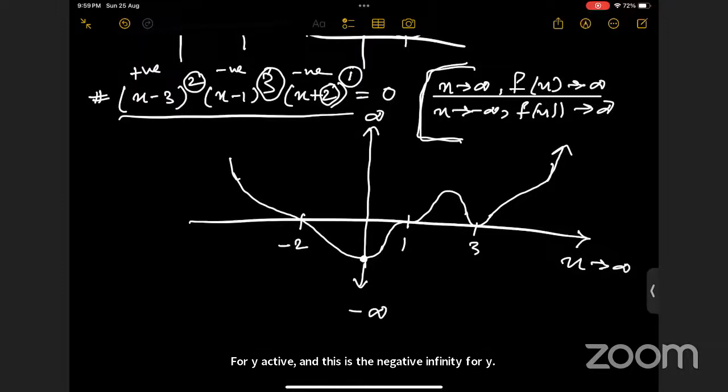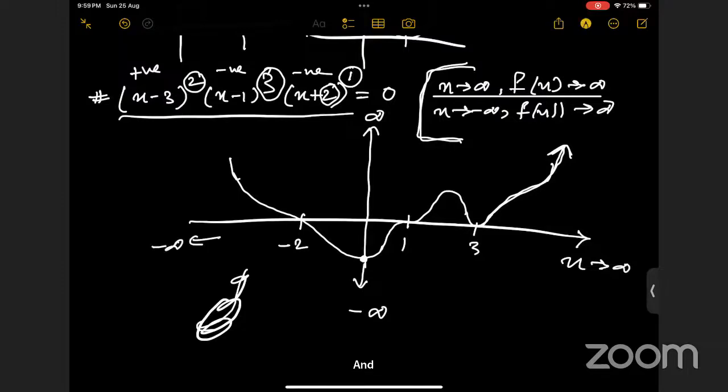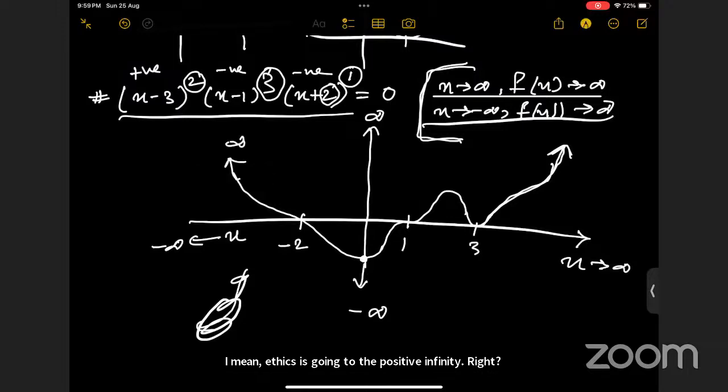If it were going to negative infinity, it would look something like that. But it is going to positive infinity, so it will go in the upward direction. And when x is going to negative infinity, again f of x is going to positive infinity, right? Here, this is the positive infinity.